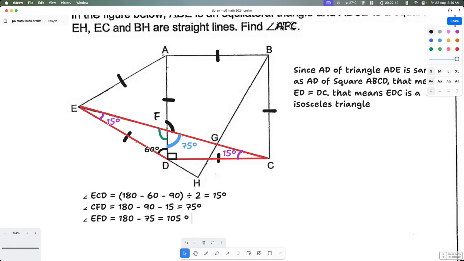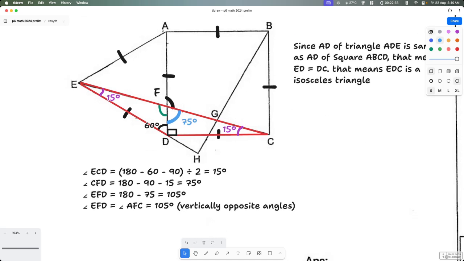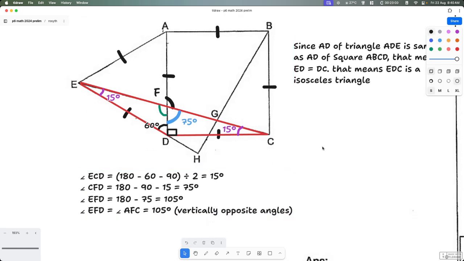Since EFD is 105, it is equal to angle AFC, because of vertically opposite angles. There you go. So that's your answer to this question, 105 degrees. All right, let's move on to the next question.